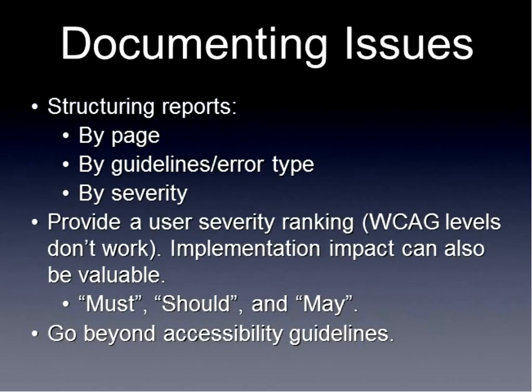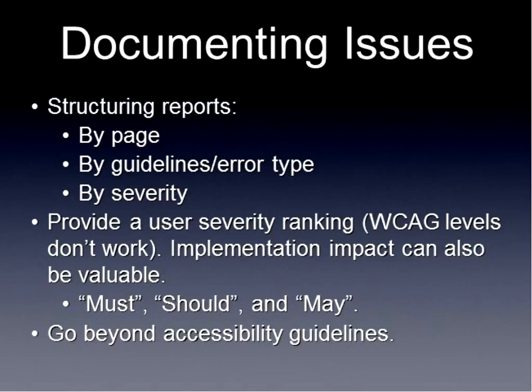We also, in our evaluations, provide what we call a severity ranking of each individual issue. WCAG levels just don't really work very well for this. For instance, you can have one image that's missing alternative text that has no impact on end user accessibility, or say a critical form button that's missing alternative text that has huge impact on the accessibility of a page. But both are level A failures. They're treated equally in WCAG 2.0. So we provide a severity rating that says, this particular issue has this level of impact on end user accessibility.